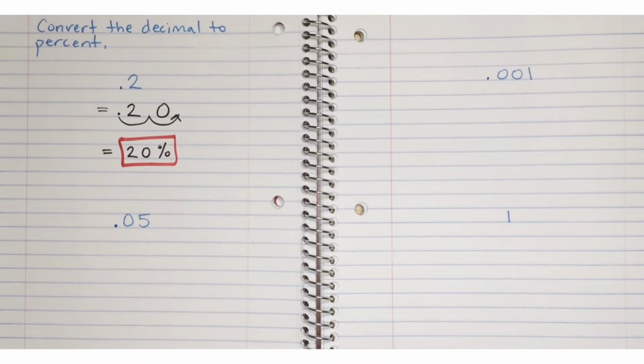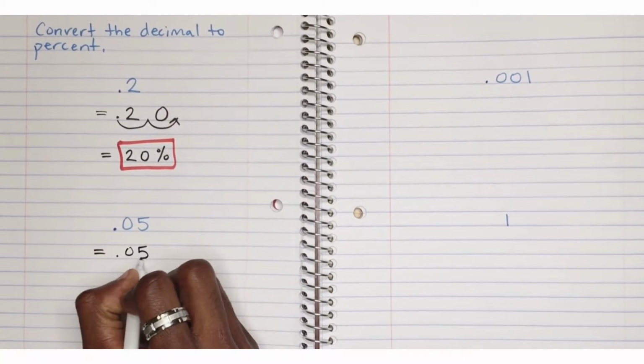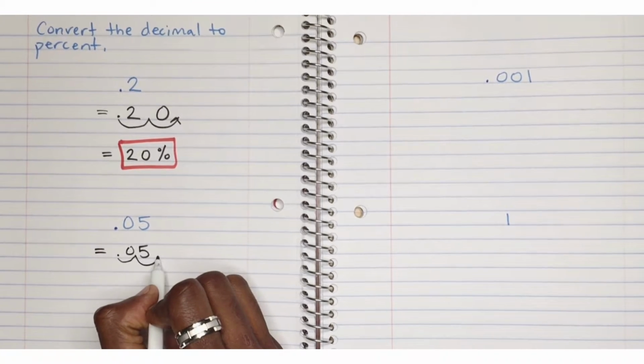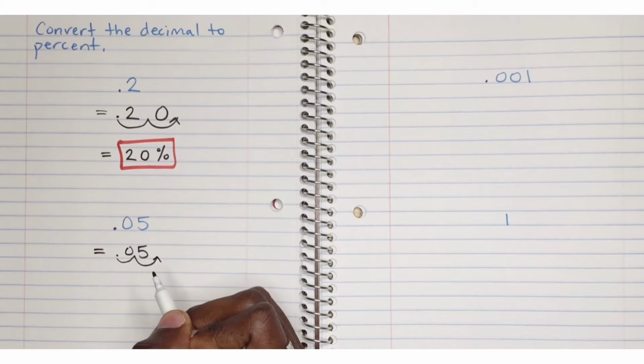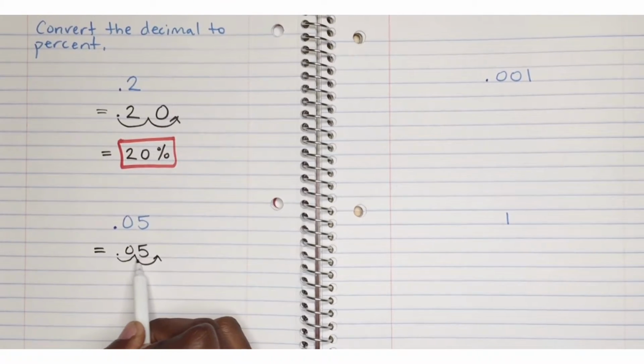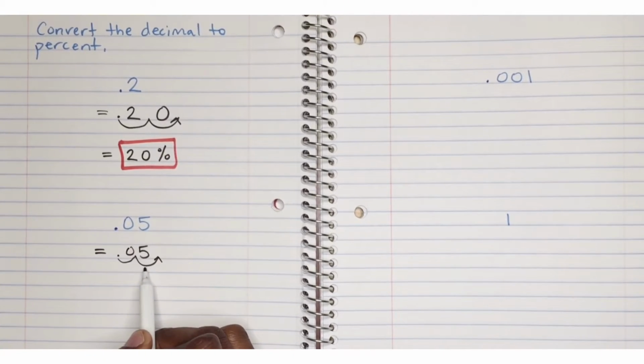So our next example here is 0.05. Okay. I'm going to rewrite it, 0.05. And our first step, just as before, is to move the decimal 2 spaces to the right. Okay. Now we see here, there are no empty spaces. We have a number in this space. We have a number in this space.